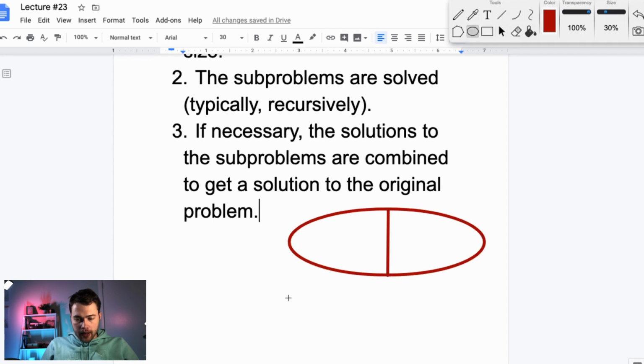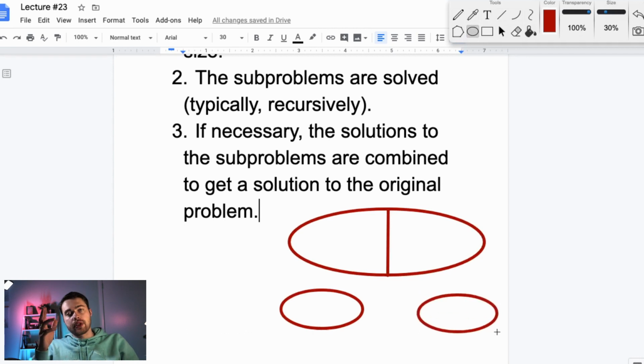After that we get 2 subproblems. If you remember the diagram I was drawing last time for decrease and conquer, there was only one piece. Here though we have 2 pieces. That means we don't decrease the size of the problem. The size of the problem is the same. We just divide the problem into 2, for example, subproblems, ideally of the same size.